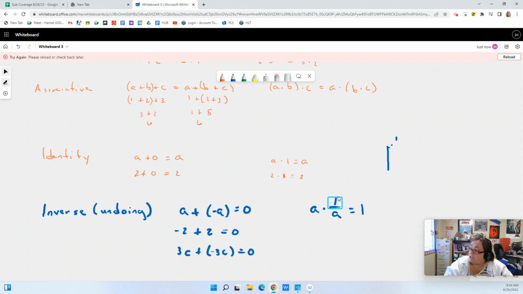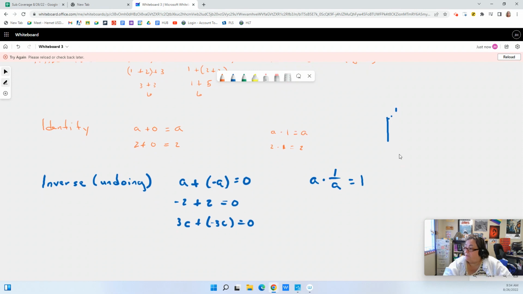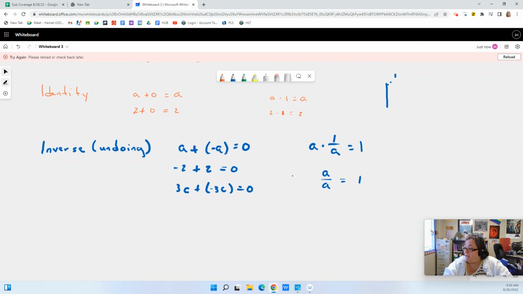Because if you think about fractions and the way they work, if I multiply something times a fraction, that would give me A times 1, which is A, over A, and anything over itself equals 1. So if I had 4, I would multiply that times 1 over 4, which would give me 4/4, which would give me 1. Does that make some sense?